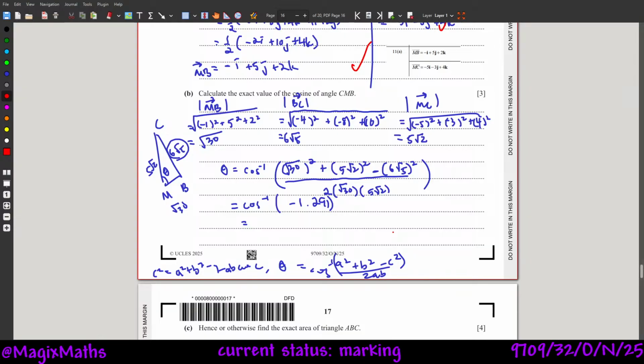So the first step was we should have applied the dot product. So 30 and 50. 50 is what? 25 times 2. So MC, MB. MB is what? Negative 1, 5, 2. No, I should try to remember what dot product is.